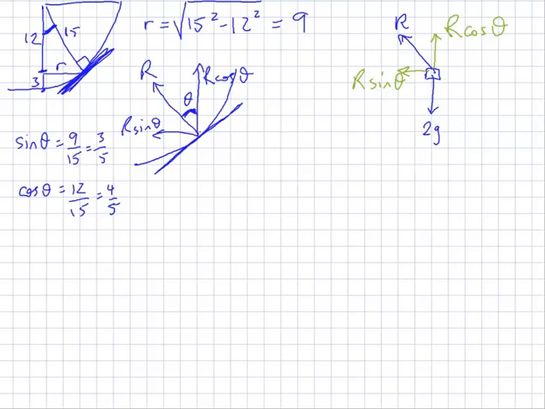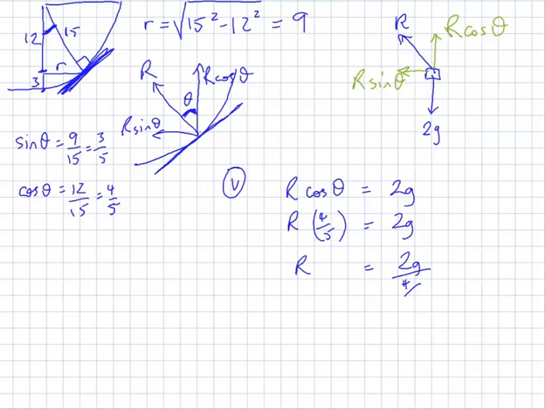So if we continue as we would have done beforehand, looking at the horizontal and vertical separately, we'll start with the vertical. So we have R cos theta is equal to 2g. We know cos theta is 4/5. Now, what we'll actually do is keep it as g rather than 9.8, the reason being the question asks for it in terms of g.